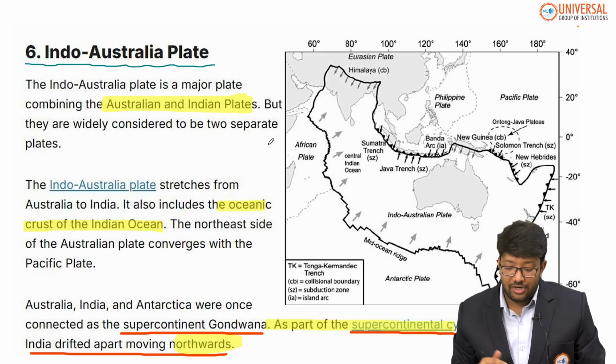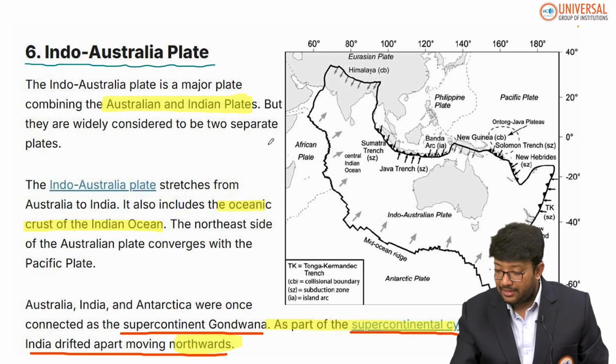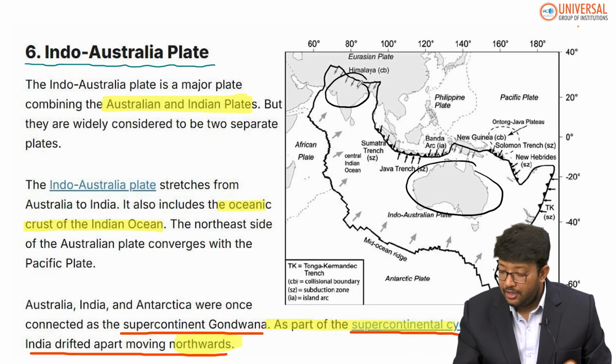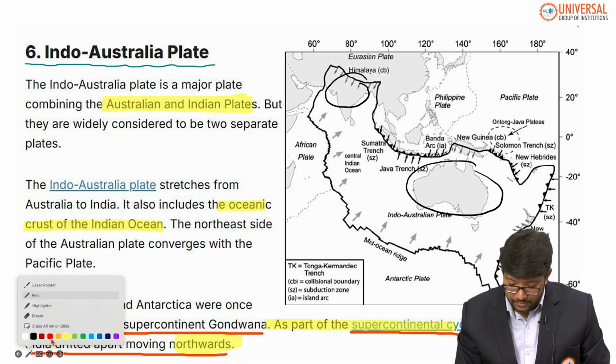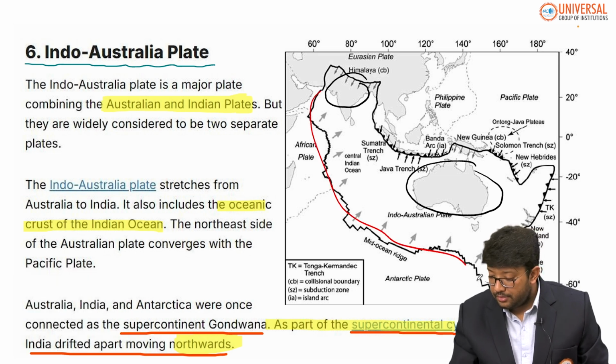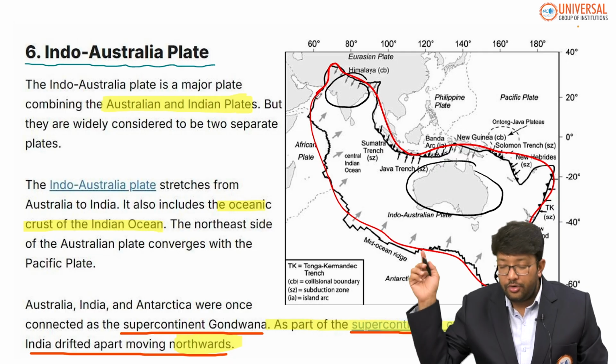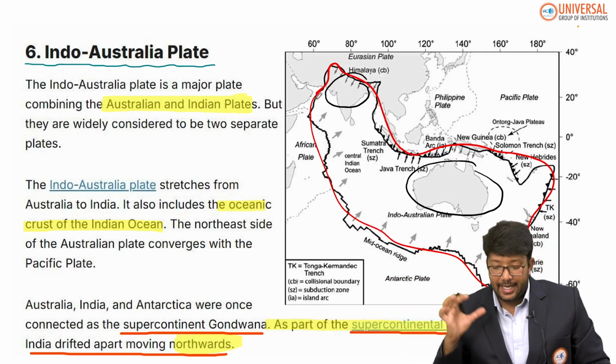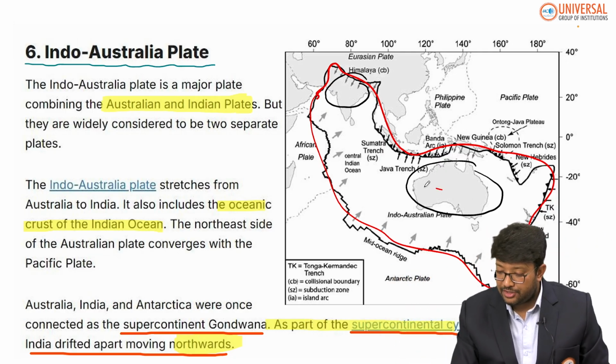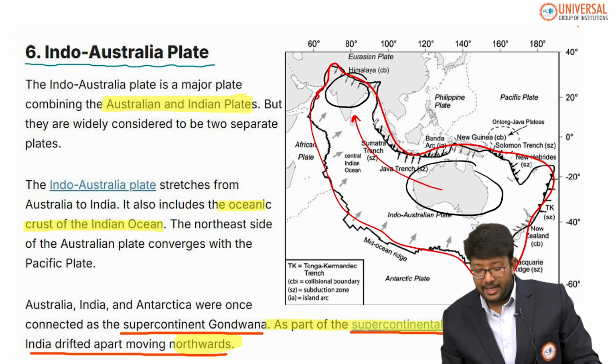So the Indo-Australian plate is stretched from Australia to India. This is Australia, this is India. So this full area, this full plate is called the Indo-Australian plate. That's why it is stretched from Australia to India.